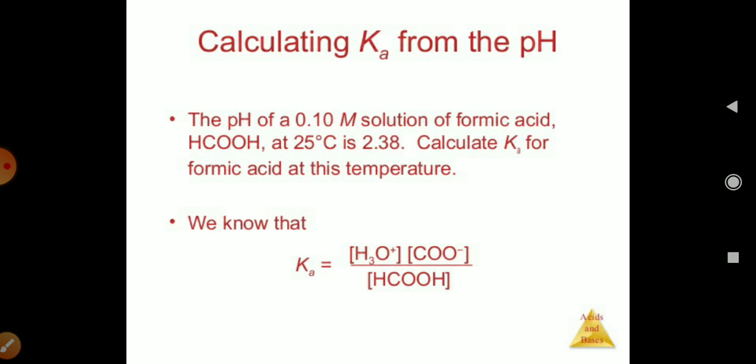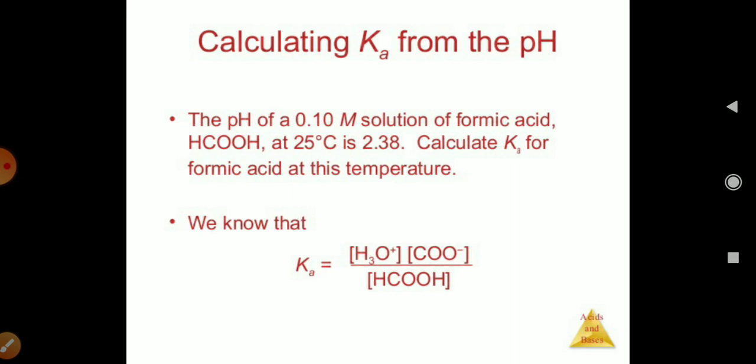The dissociation constant can also be calculated from the pH of the solution. The pH of a 0.10 M solution of formic acid, HCOOH, at 25 degrees centigrade is 2.38. Now we can calculate the value of Ka from this pH.